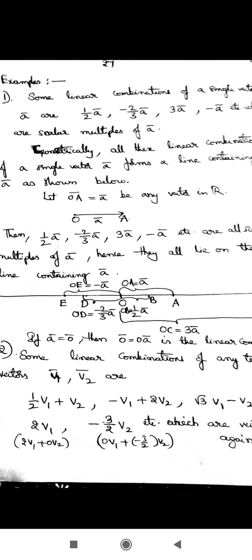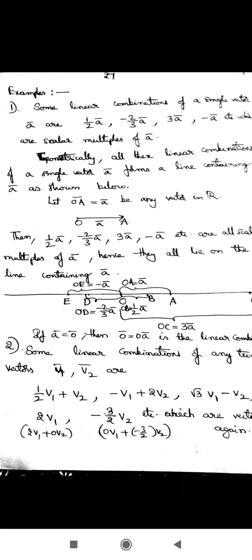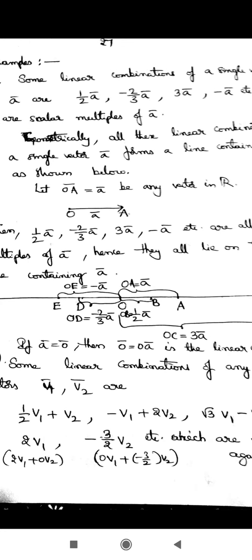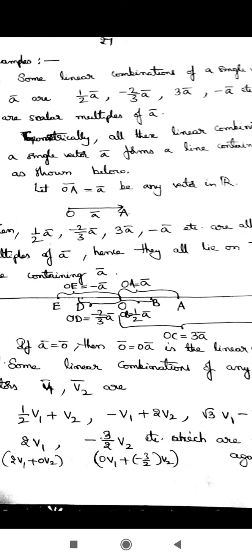I cannot give all the linear combinations of v1 and v2, but I have quoted some of them. And what are those? 1 by 2 times v1 bar plus v2 bar, that is, half of v1 plus v2. The scalar multiple for the first vector is half, and for the second vector v2 it is just 1.